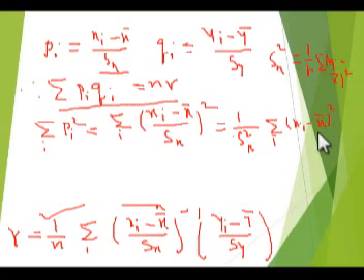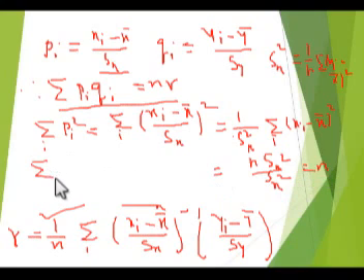So we can write here this is equal to n sx square, divided by sx square. So what we will get here is just n. So summation Pi whole square is equal to n. Similarly, summation of Qi whole square is also equal to n. Very easy to find out.